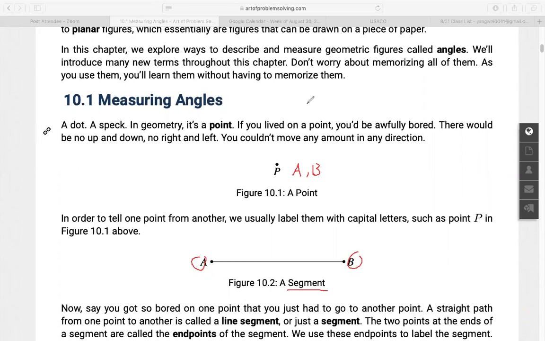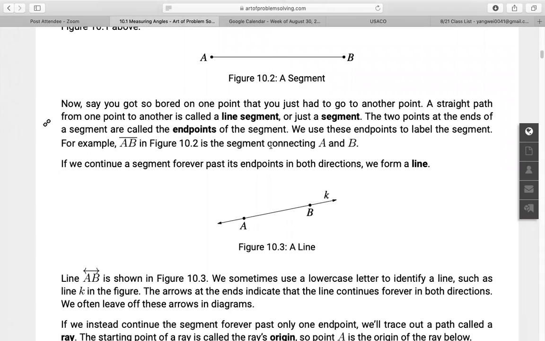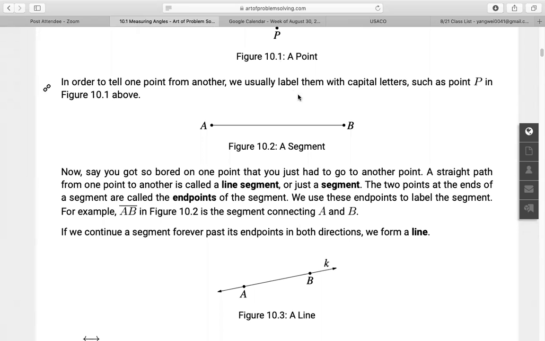Okay, then we can extend a line segment in one direction. You can go to the right side of this segment, suppose you do it this way. You extend this segment this way, then we form what is called a ray.